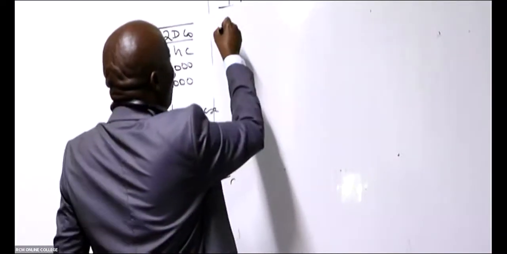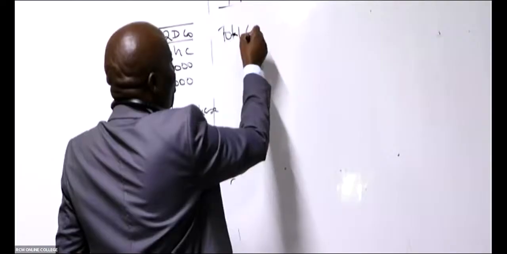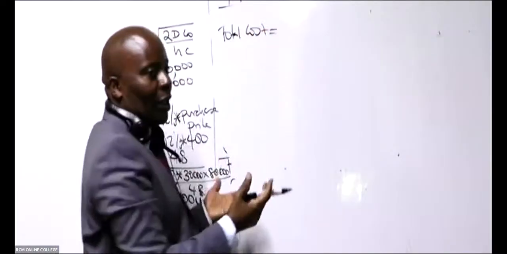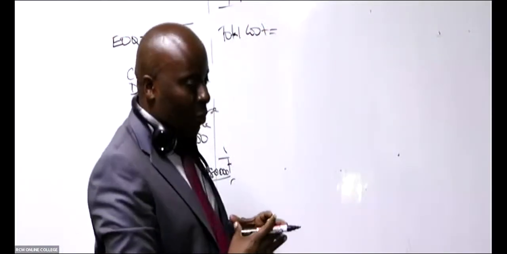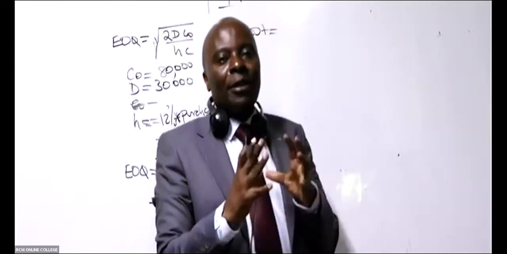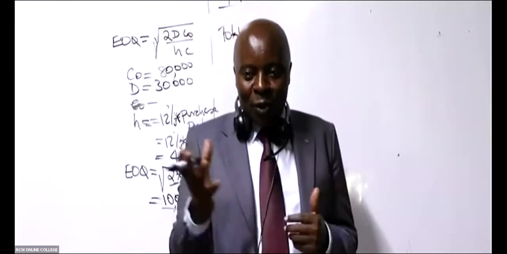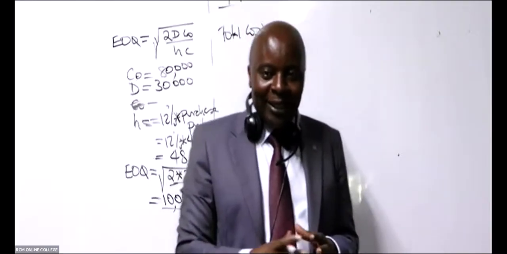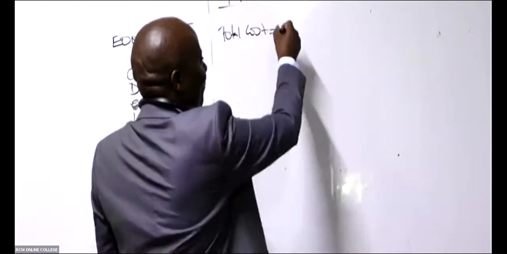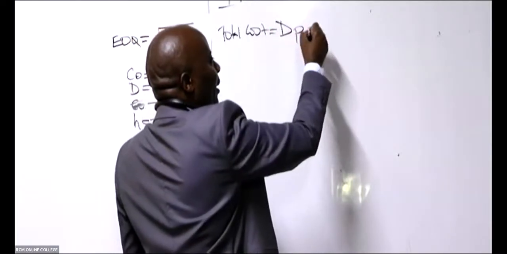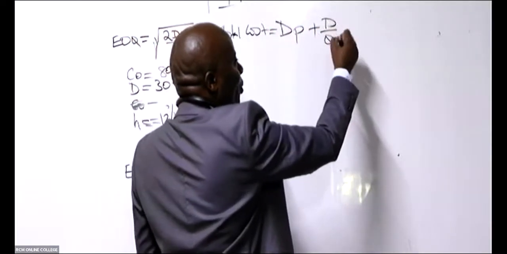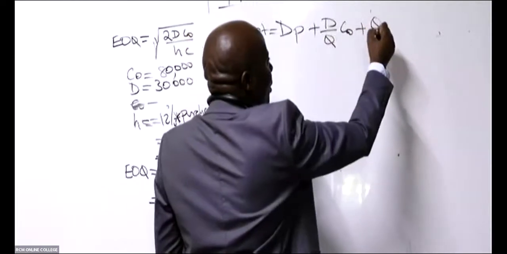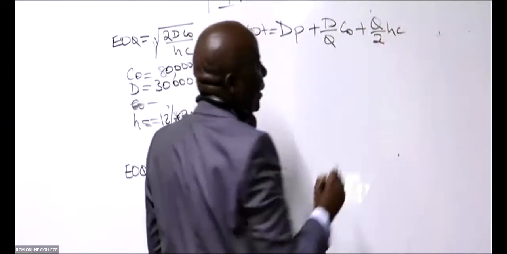To get total cost, ladies and gentlemen, I gave you a formula. And actually, if you remember very well, we were able to premise this on Mwai Kibaki's political party. You guys are young, you can't even be remembering the late Mwai Kibaki. This guy belonged to which political party? DP. So you take DP, plus D over Q times CO, plus Q over 2 times HC, isn't it?